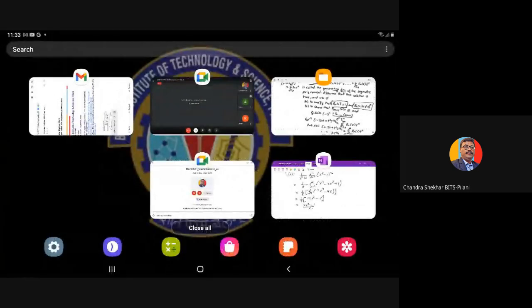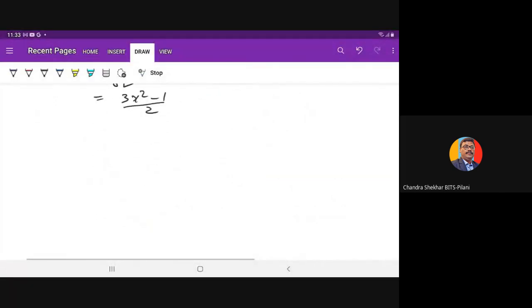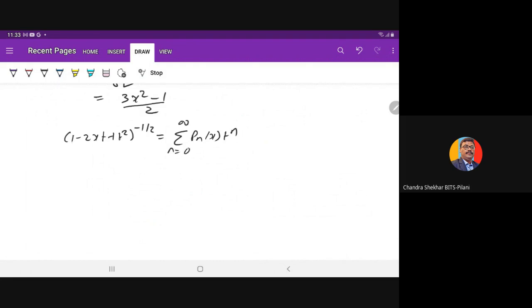So in this case, what is the generating function given to you? (1 minus 2xt plus t square) to the power minus 1 by 2 is equal to summation n is equal to 0 to infinity Pn(x) t to power n. This is the generating function given to you. Now in this case, put x is equal to 1.